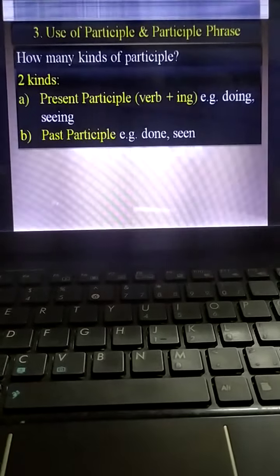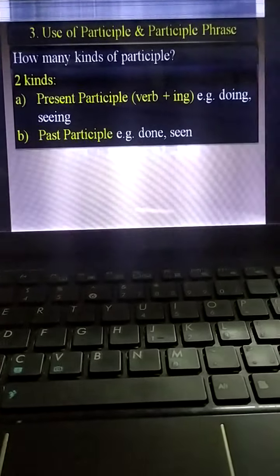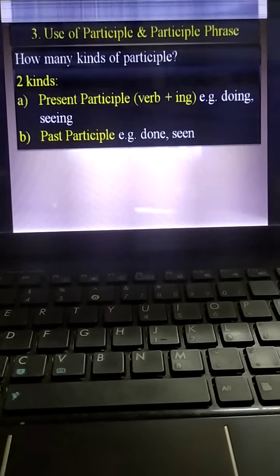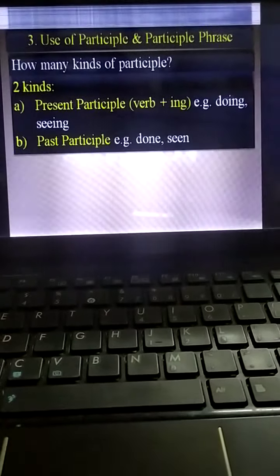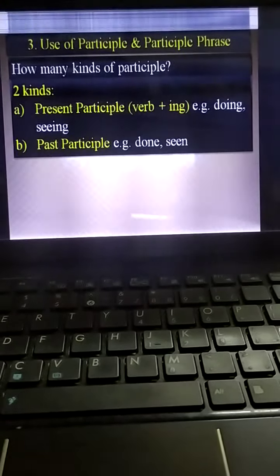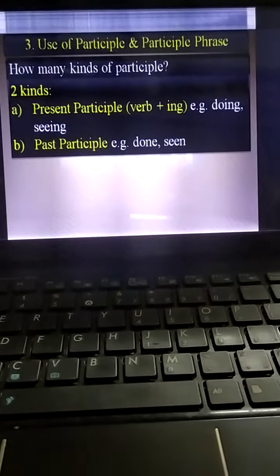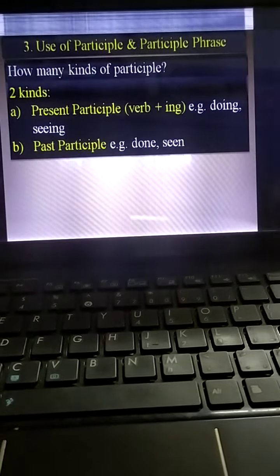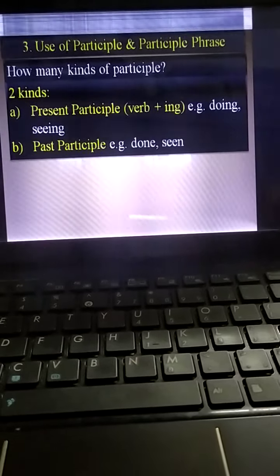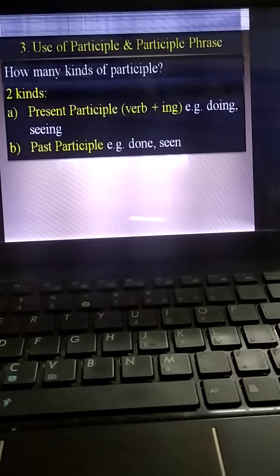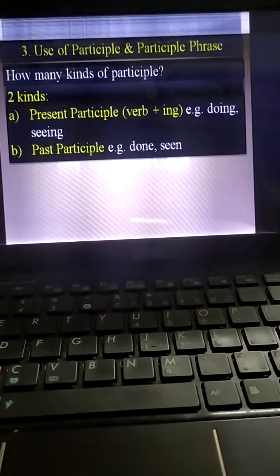For example, doing, seeing. Past participle means the past participle form of any verb. For the verb do, done is past participle, doing is present participle. The verb see, seeing is present participle, seen is past participle.